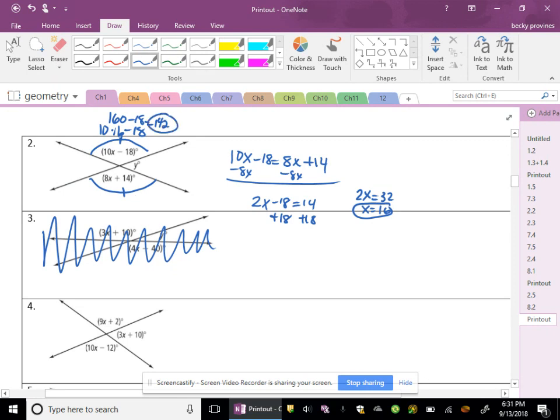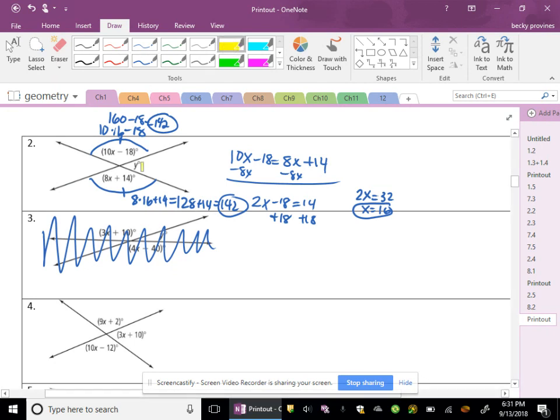So let's try the other one. 8 times 16 plus 14. So let's grab a calculator. 8 times 16 is 128. Add 14 to that, and I get 142. So it worked. So I know it's correct.